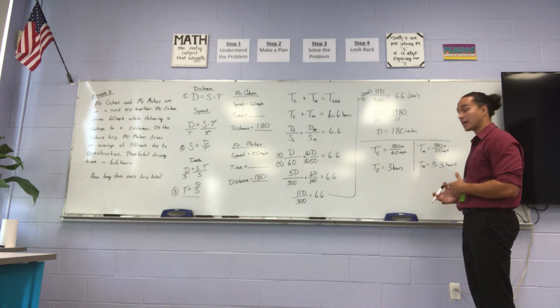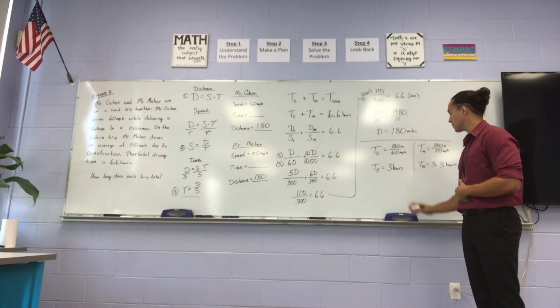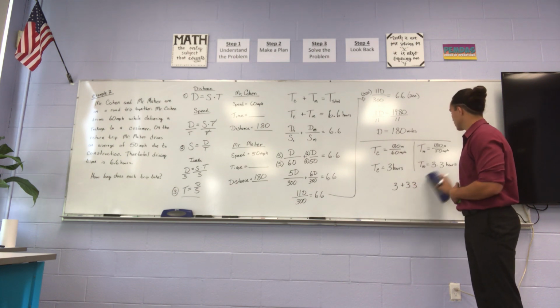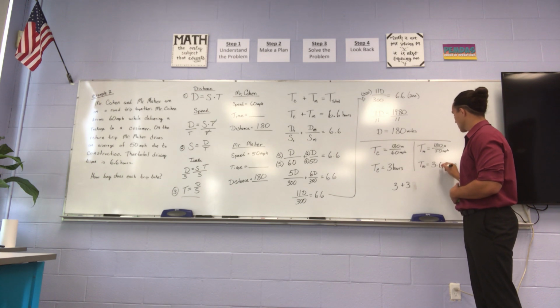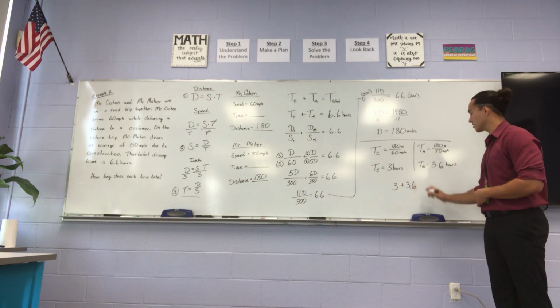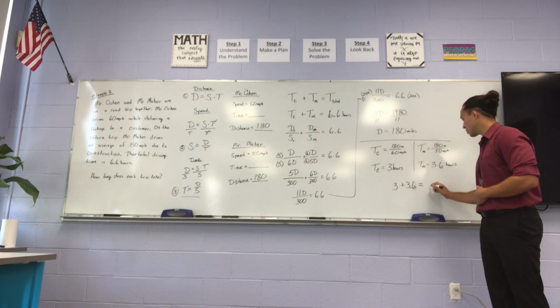How do we know that we got this correct? Because our total time should be 3 hours plus 3.6. I'm sorry, this is 3.6. You can correct me if I'm wrong. That would give us a total of 6.6 hours total.